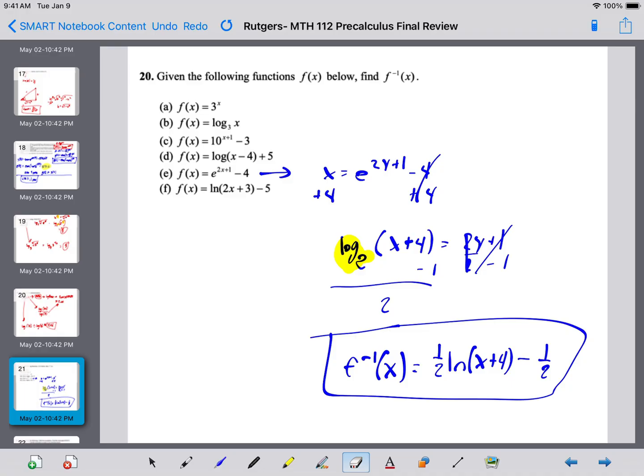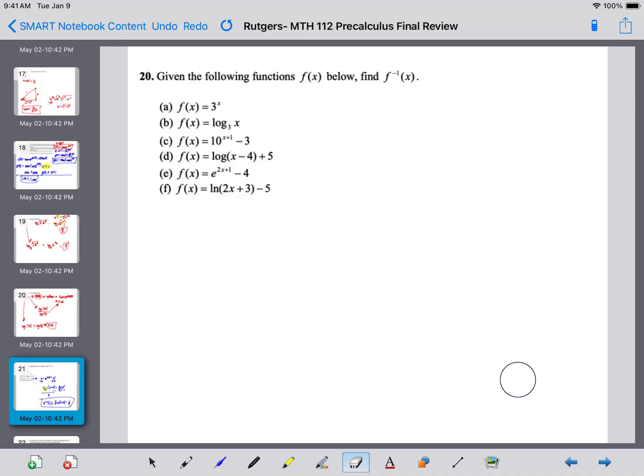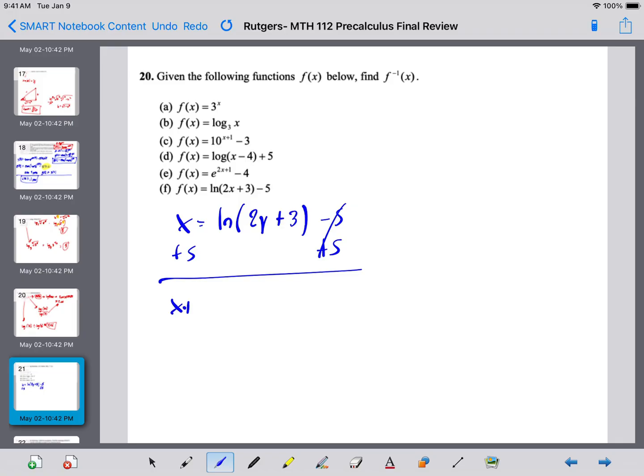And now lastly, for F, switch your x and y's. And you're going to isolate the log. The base is e.